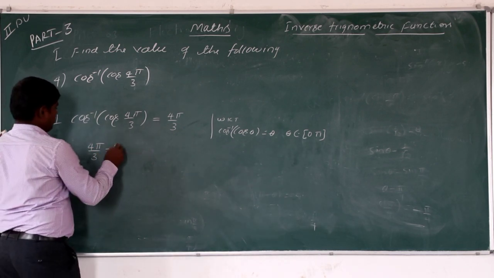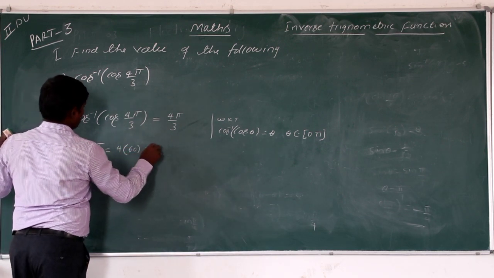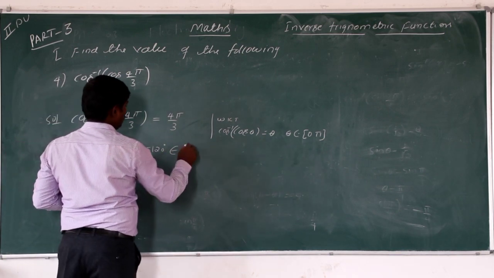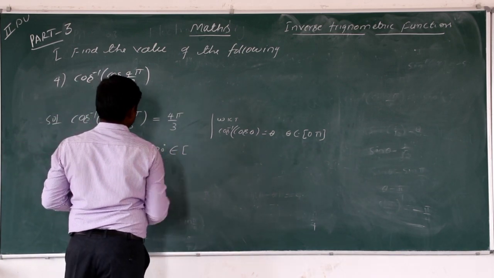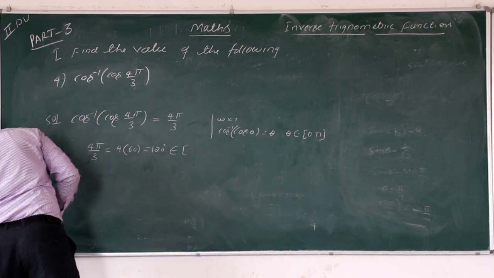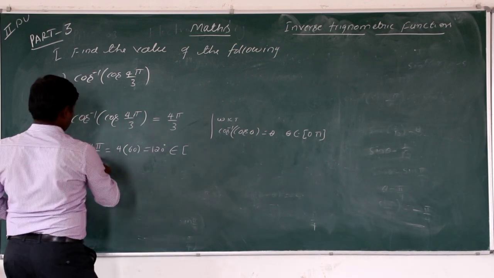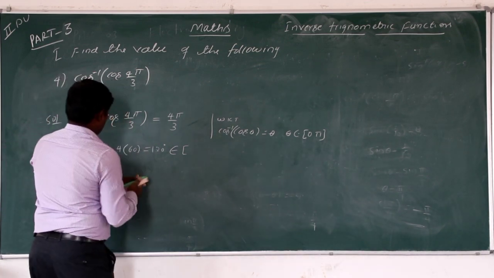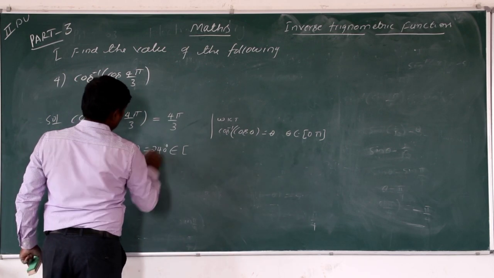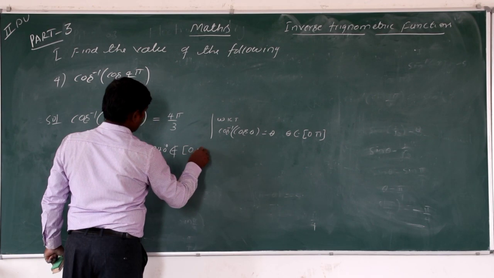4 pi by 3 is 4 into 60, which is 240 degrees. 240 degrees does not belong to 0 to pi.